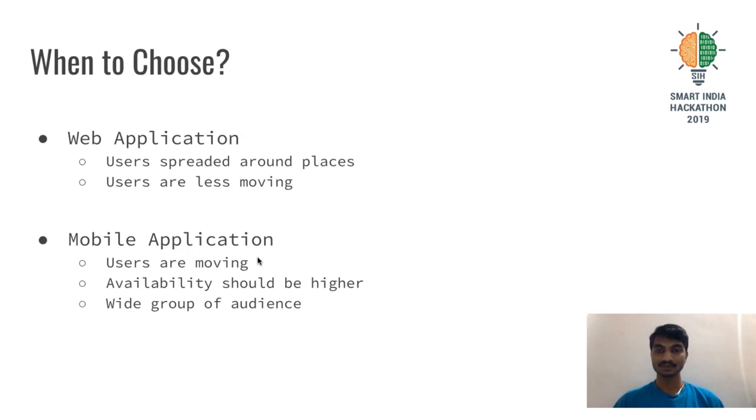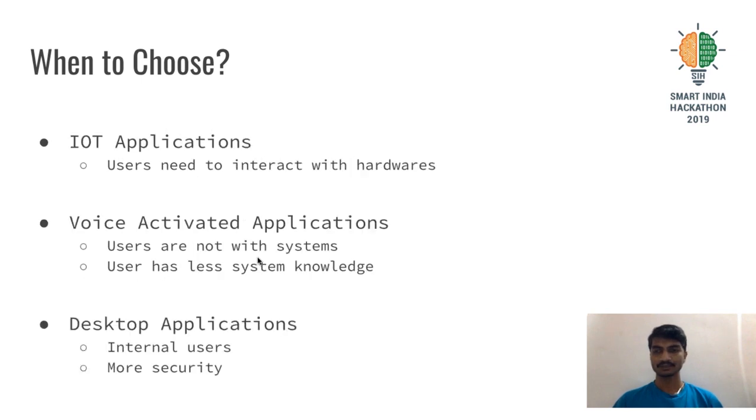And when it needs to reach a wider group of audience, and the audience is not very targeted, like internal users or an enterprise or targeted users, at those times it is better to go for the mobile application when comparing to web applications. In what kind of situations do we need to go for IoT applications?